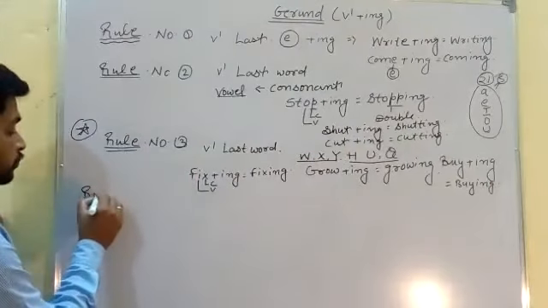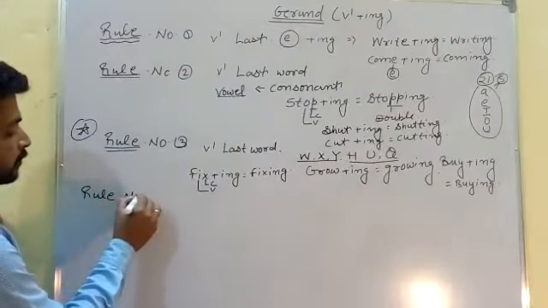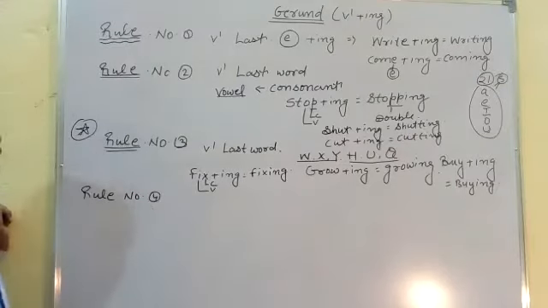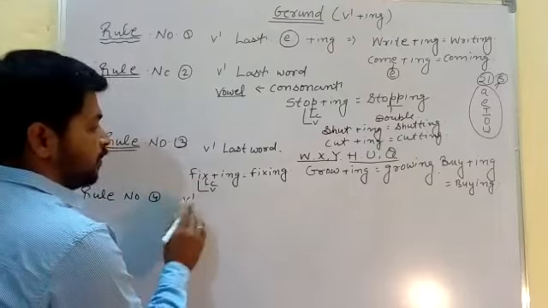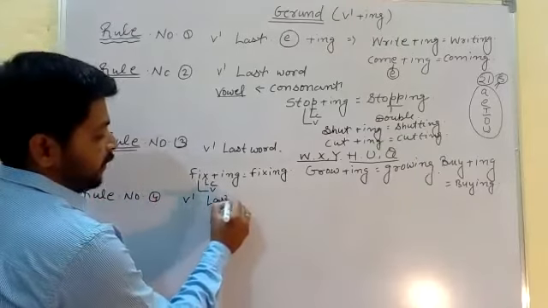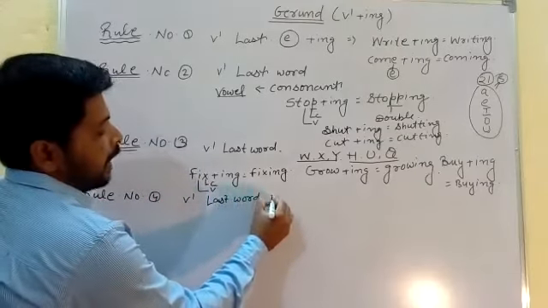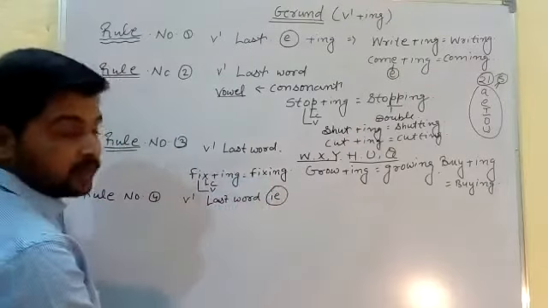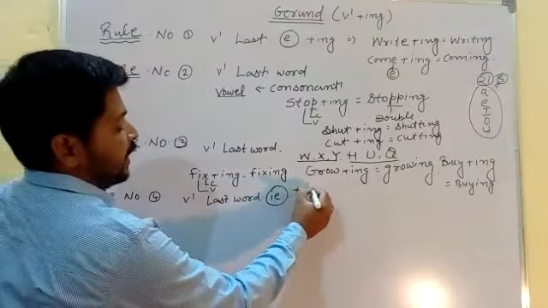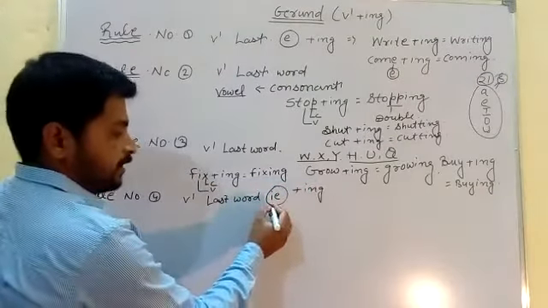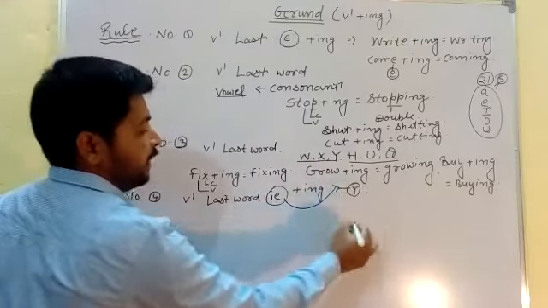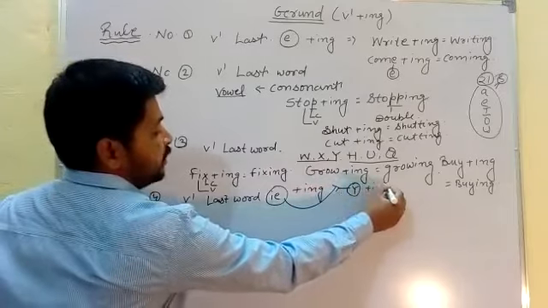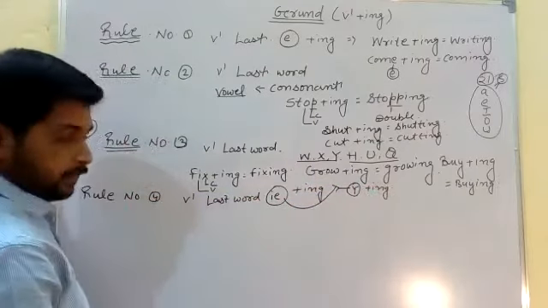And now rule number four is this: if you find a first form of the verb whose last letters are I and E both, when we include ing, we leave out the I and E, and in this place we use Y, include ing, and the spelling is different.